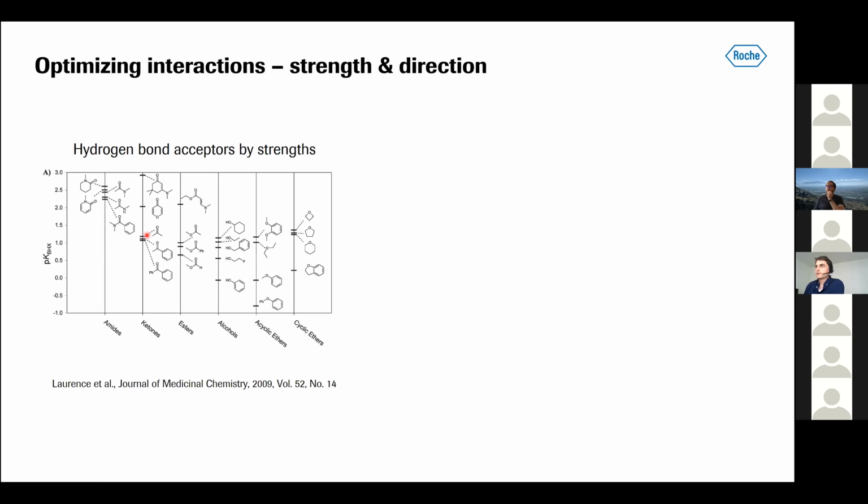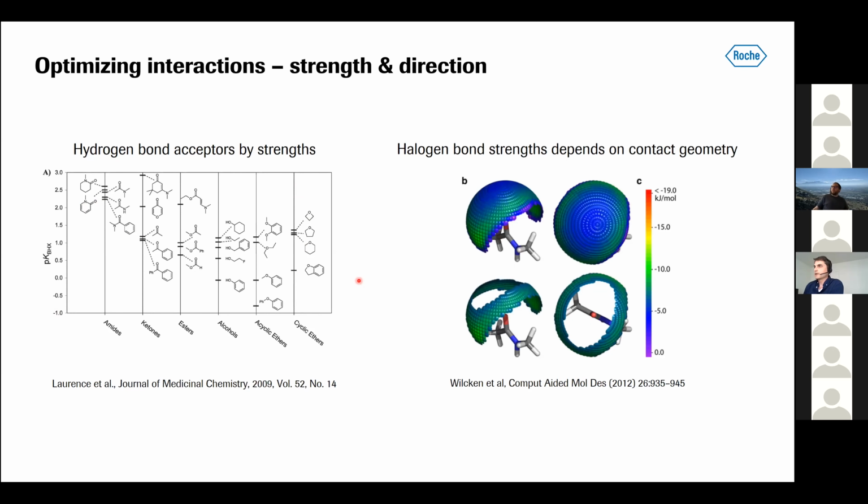So you can see, for example, here with these cyclic ethers, you have different acceptor strength. On the top, you have a strong acceptor strength. If you go down on this pK-BHX scale, you have a lower strength. Second aspect to interactions is, of course, the directionality of the interaction. And for example, in the paper by Wilken, they found that halogen bond strength depends on the contact geometry.